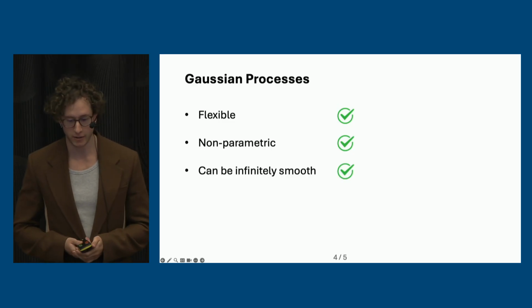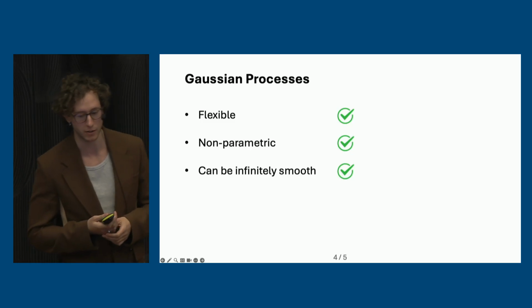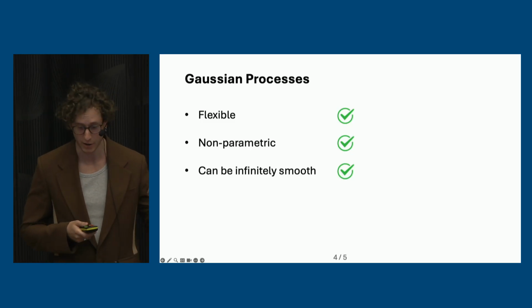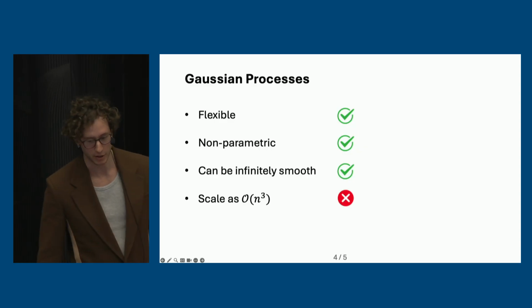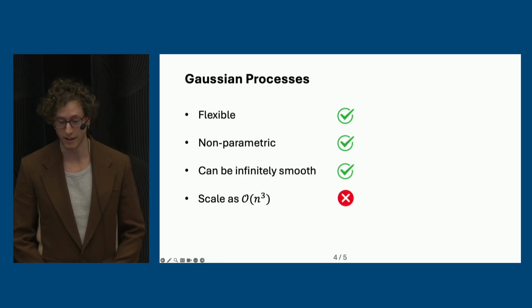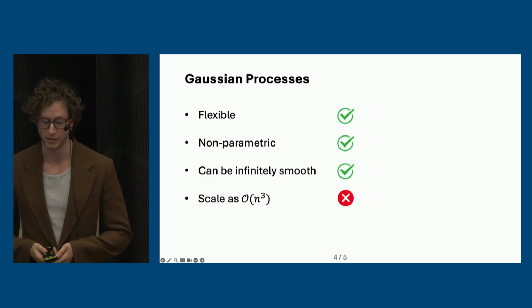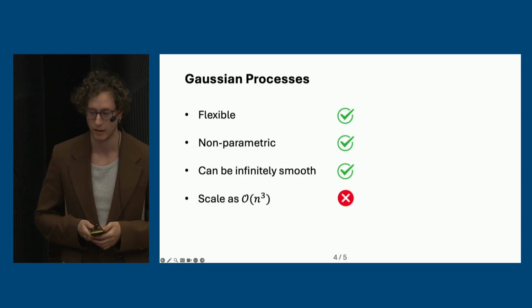We can encode different prior assumptions. We can make them infinitely smooth, or first order differentiable, second, and so on. I use the infinitely smooth version with the exponentiated quadratic kernel. The main drawback is they scale as n cubed, so as the number of data points goes up, the computational time increases quite dramatically.